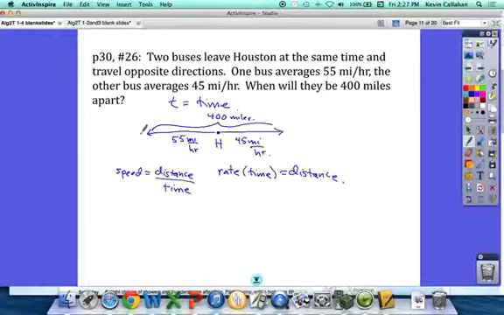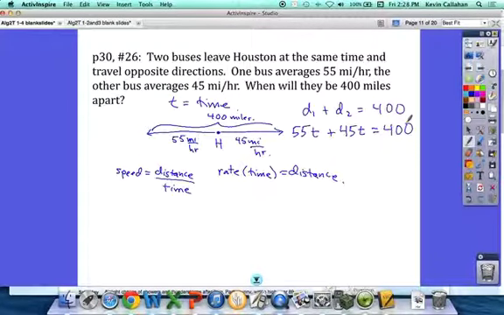But generally, we want to say that the first distance plus the second distance equals 400. Right? The first distance would be 55 miles per hour times the time, plus the second distance, 45 miles an hour times the time, and all of that adds up to 400.